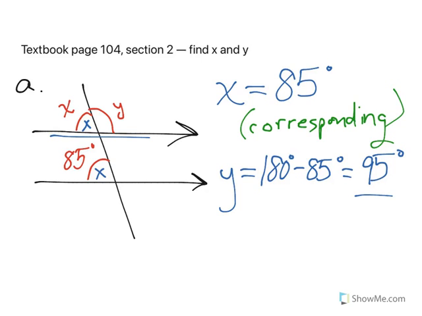So for our first example, A, x equals 85 degrees, y equals 95 degrees. We are using the information we know to answer the question, to find x and y. All right? Easy peasy. Now, let's move on to B.